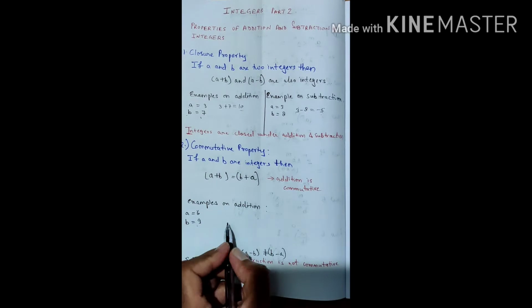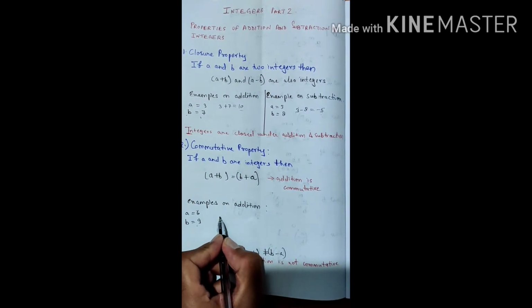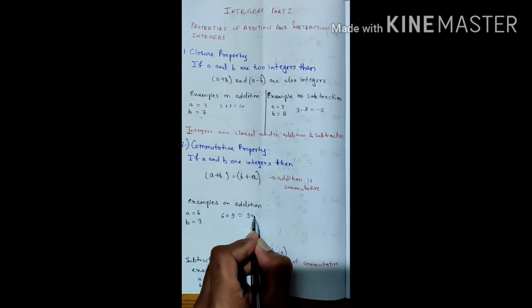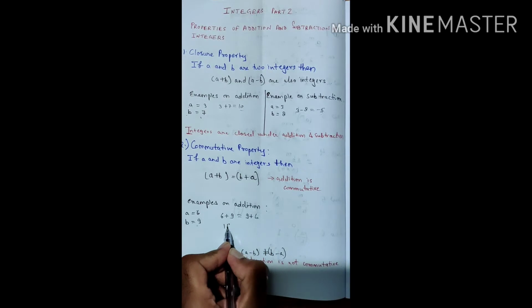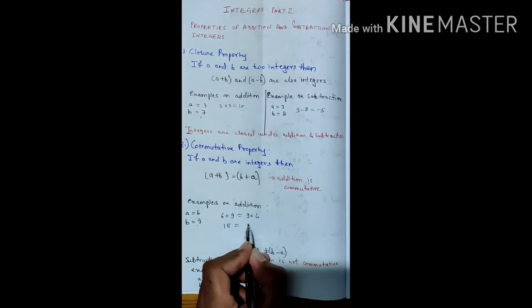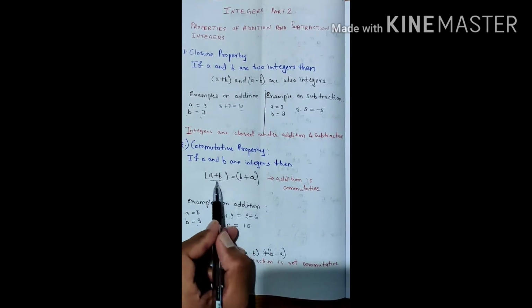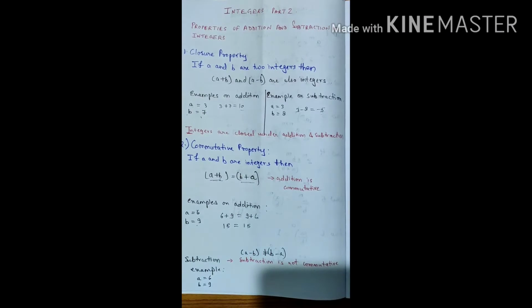If we apply this, a plus b is equal to b plus a. So 6 plus 9 equals 9 plus 6. 6 and 9 is 15, and here also it will be 15. So we can see that a plus b is equal to b plus a. Therefore our addition is commutative.